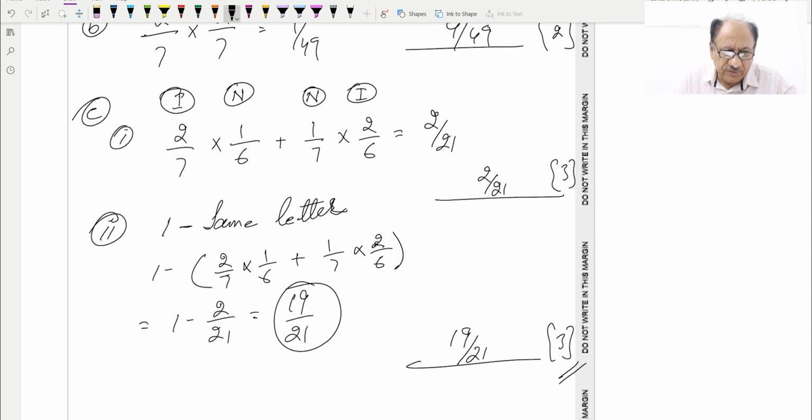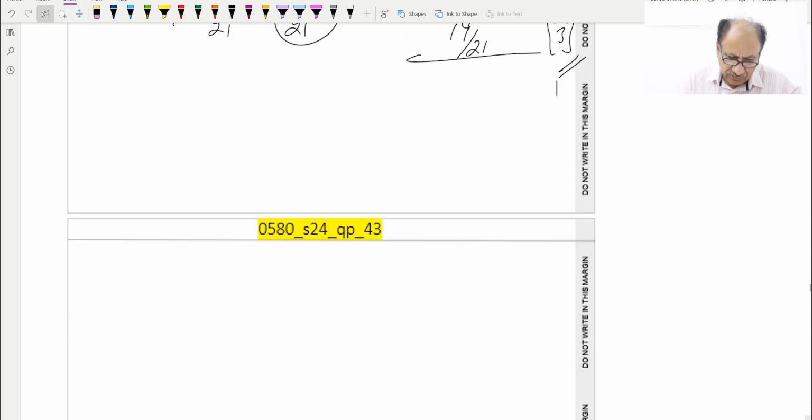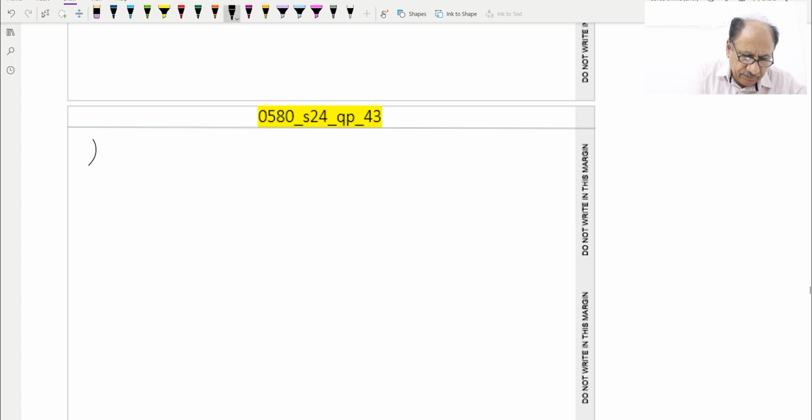Now for the next part, we can move to the next part, and next part says Nina, we will solve here D part. Nina picks one of the 7 cards at random without replacement.